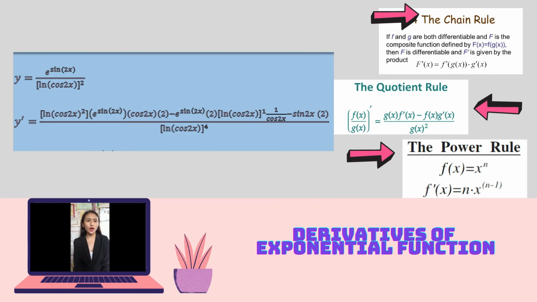So we have y prime equal to the quantity of ln cos 2x raised to 2 times e raised to sine 2x, then the derivative of sine 2x is cosine 2x times the derivative of 2x is 2, minus e sine 2x times, we will apply the power rule, so we have 2 ln cosine 2x raised to 1.